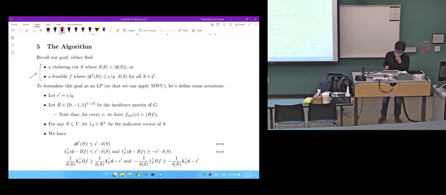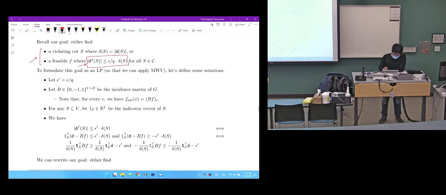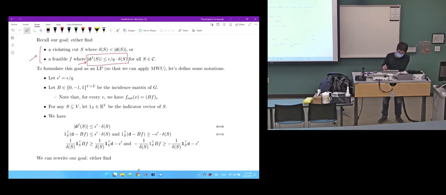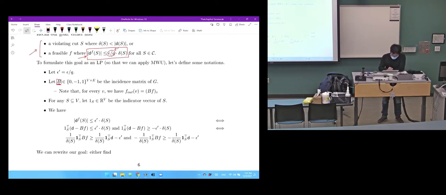Okay. And actually, what I would do is try to rewrite this thing in a way that is similar to LP, and we saw last time that if I just rewrite this thing as epsilon prime, and we define the incidence matrix B here, then you can convince yourself that this is true if and only if both of these inequalities are true.